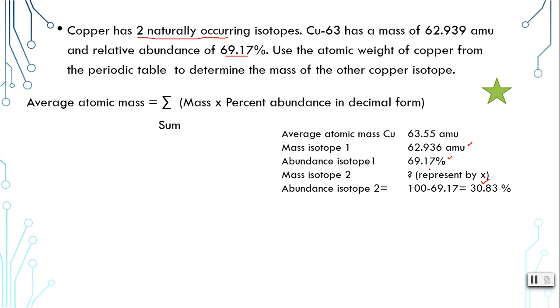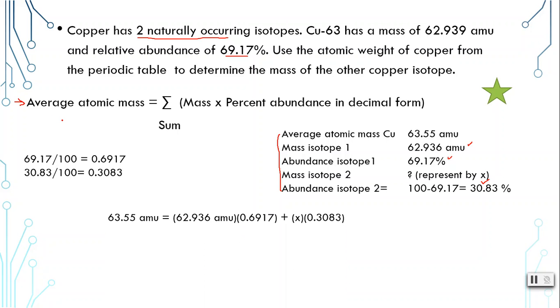So now I have everything I need to solve this problem, which is going to take a little more algebra, but I know you can do it. First thing is, since my abundances are in percent, I'm going to change them into decimal form. So I take my percent abundances and divide by 100. Now I'm going to start plugging what I know into the equation for average atomic mass.